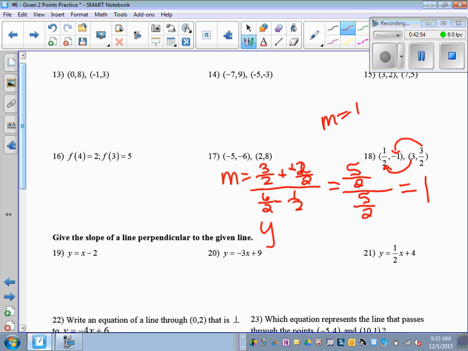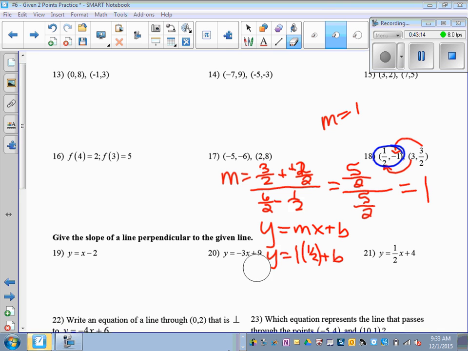Now I use my equation, y equals mx plus b. Slope is 1. And let's use this point here. My x value is 1 half, so 1 times 1 half. My y value is negative 1. 1 times 1 half is just 1 half.